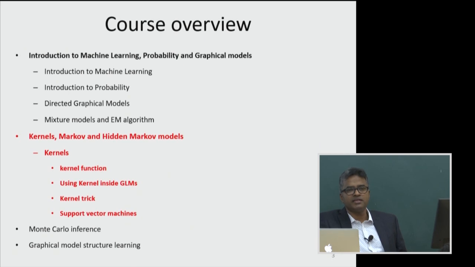VC dimension is the maximum number of points in Rn which can be separated by a hyperplane. And we use that VC dimension to get an upper bound for the test error using the empirical error.